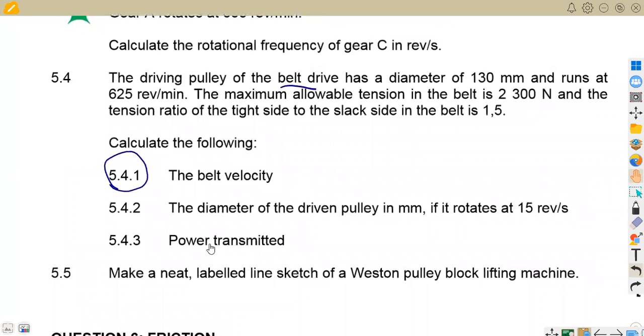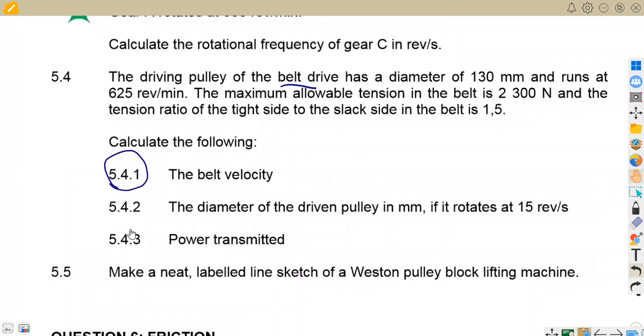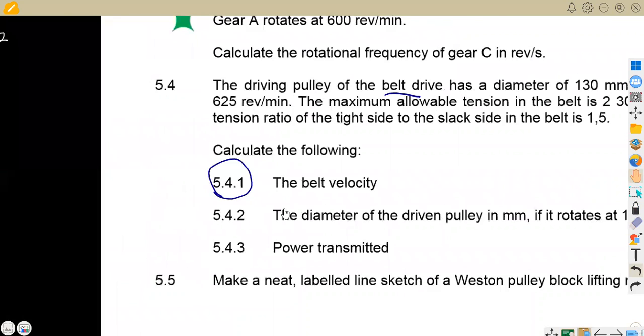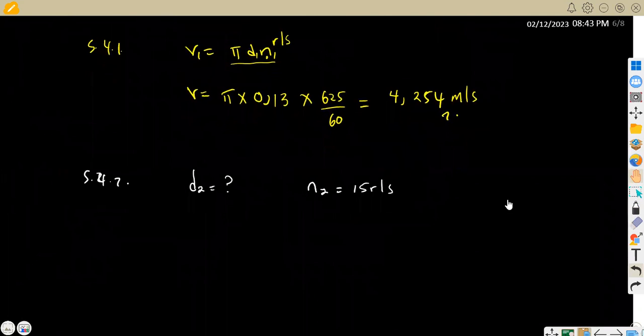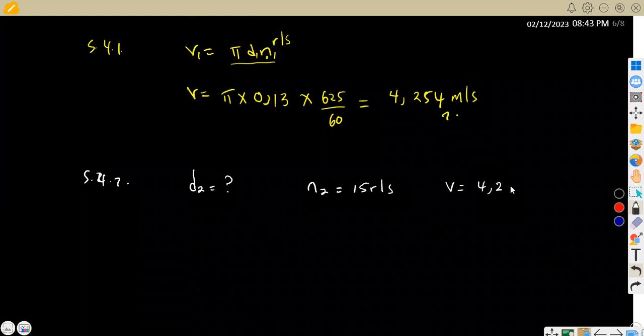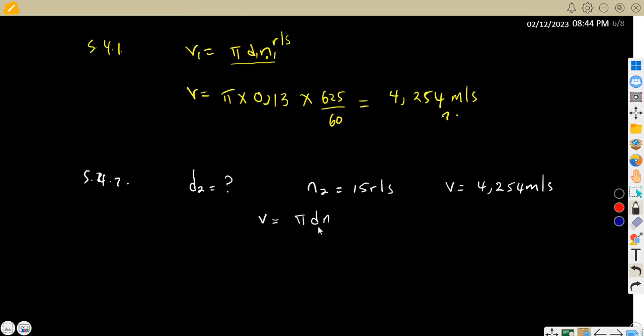All right, so what we can do in this case is we know that the velocity of the belt is 4.254 meters per second, which we calculated. So we can play around with this information to calculate D, because remember previously we said the velocity is equivalent to pi D N. This time we need D, being the diameter.